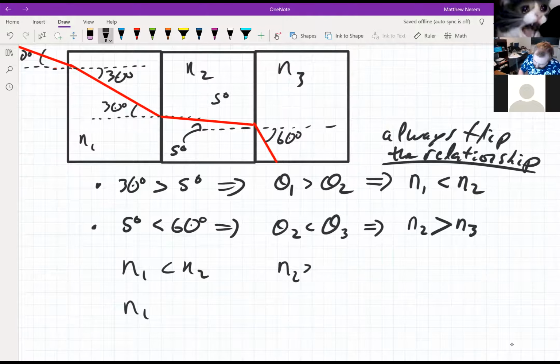I have to say this carefully, my words, so I want to get this correct. N2 is greater than N3, which is equivalent to saying N3 is less than N2. Doesn't help me figure out how N1 and N3 are related.